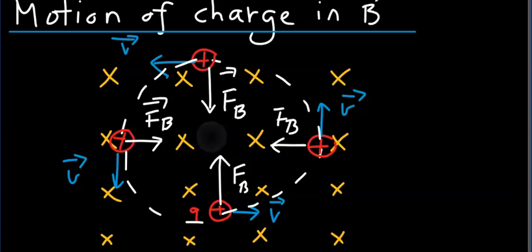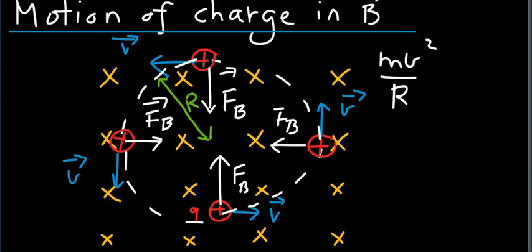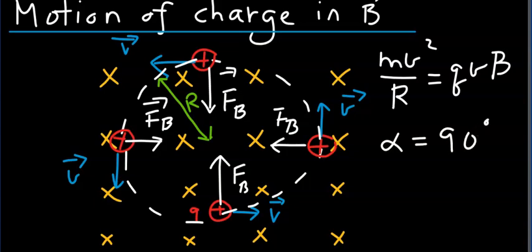The net result is the charge tracing out a circular orbit with radius r. This is a uniform circular motion. So what is supplying the centripetal force is quite simply the magnetic force, which is qvB. Now the alpha at all the points is 90 degrees.